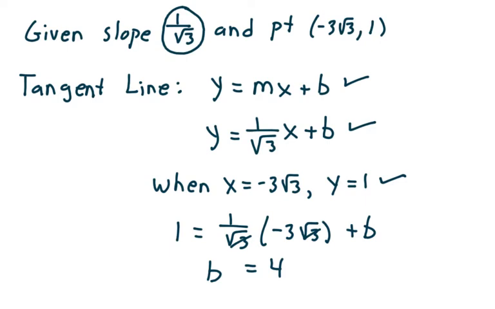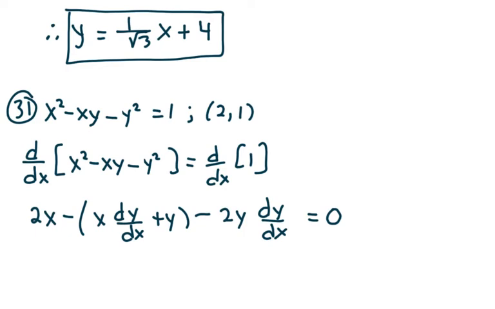So 1 is 1 over root 3 times negative 3 root 3 plus b. Solving for b, I get b equal to 4. And thus, y equals 1 over root 3 x plus 4 would be the equation of the tangent line. That's how we do problem 29.